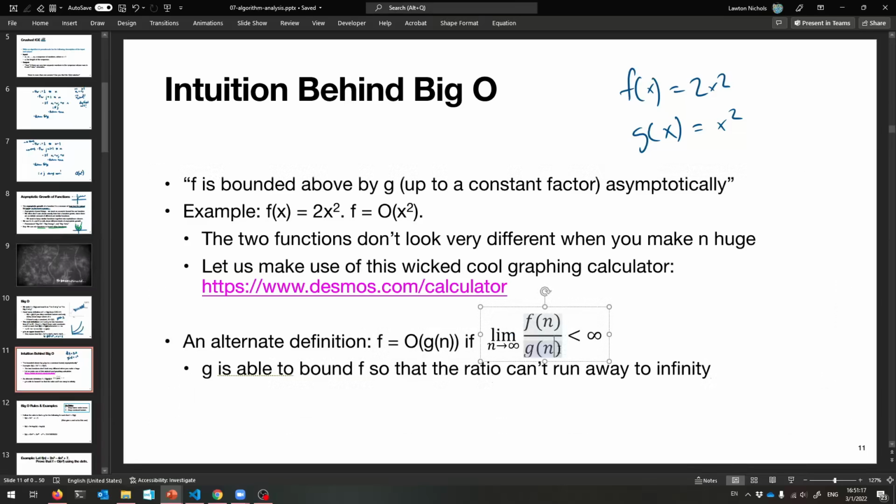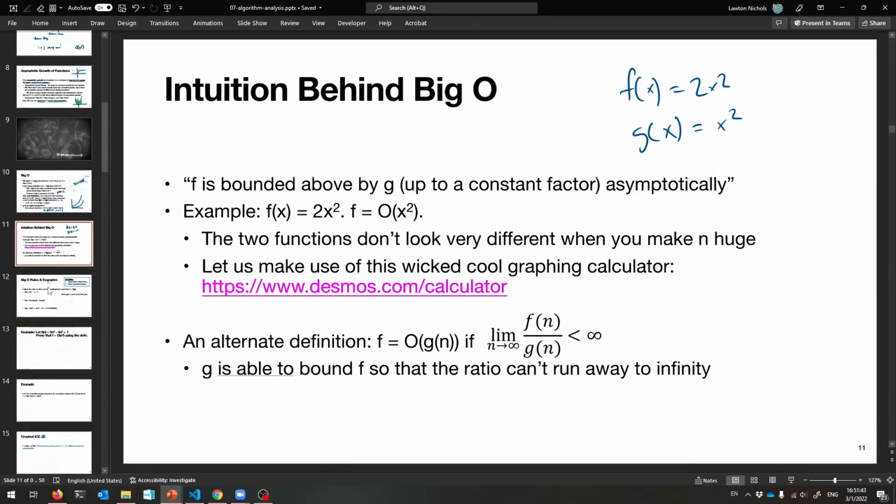Dividing f's result by g, g is big enough to bound f so that this quotient doesn't run away to infinity. Okay? That kind of helps you see how g is essentially the same as f. It's bounding it in a certain way that lets its result never run away. Okay? That is an alternate definition if you've learned about limits. So that is some more intuition behind big O. Hopefully it makes some more sense now.